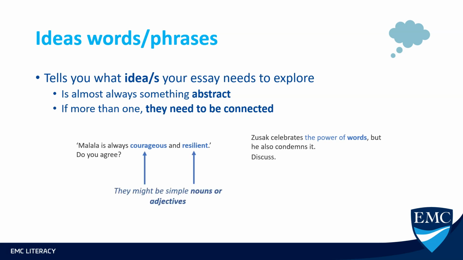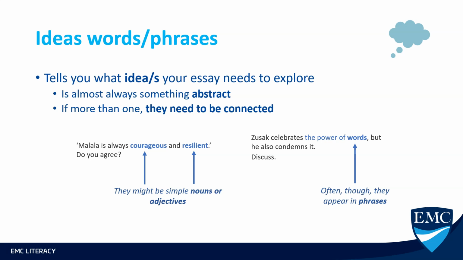So here on the left, we have a topic for I Am Malala. Malala is always courageous and resilient. Do you agree? Here, the ideas are expressed as adjectives, resilient and courageous. But they could have also been nouns, resilience or courage. In the second example on the right, we've got a topic for The Book Thief.